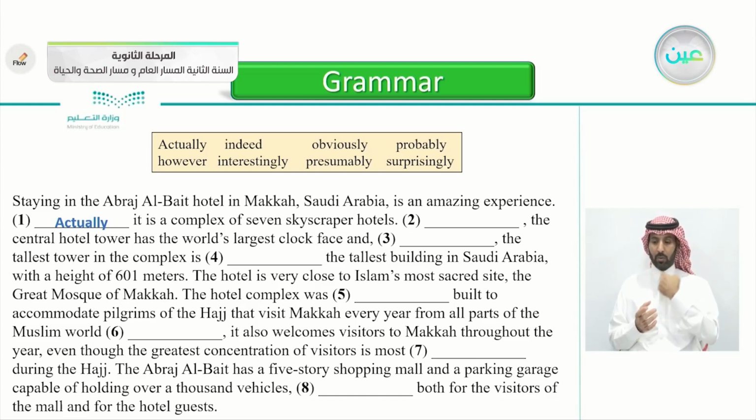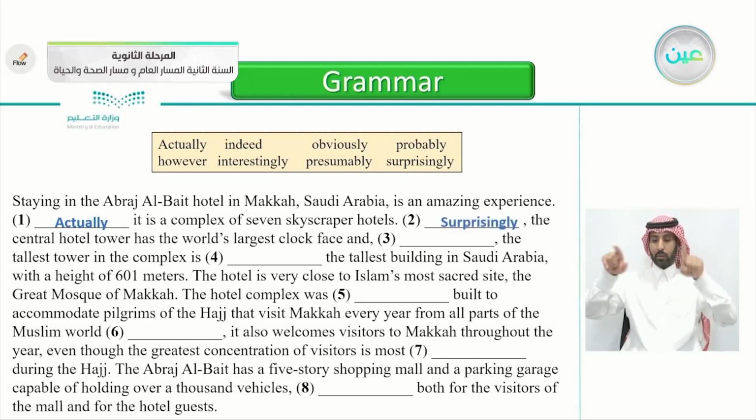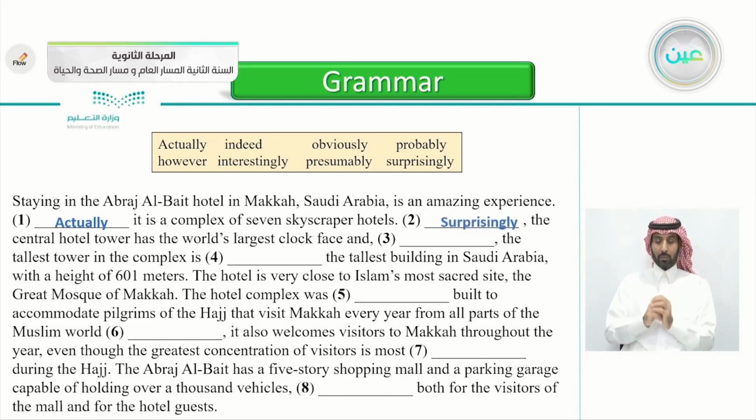Number 2, the Central Hotel Tower has the world's largest clock face. So number 2 is very good. Surprisingly, from the word itself, surprise, you are surprised here. Surprisingly, the Central Hotel Tower has the world's largest clock face. And 3, the tallest tower in the complex.